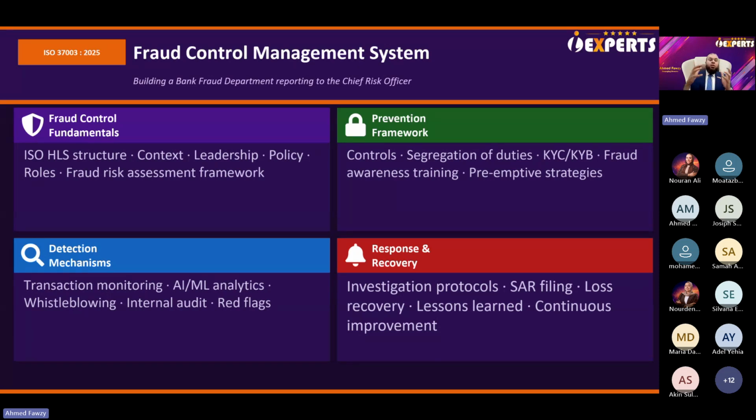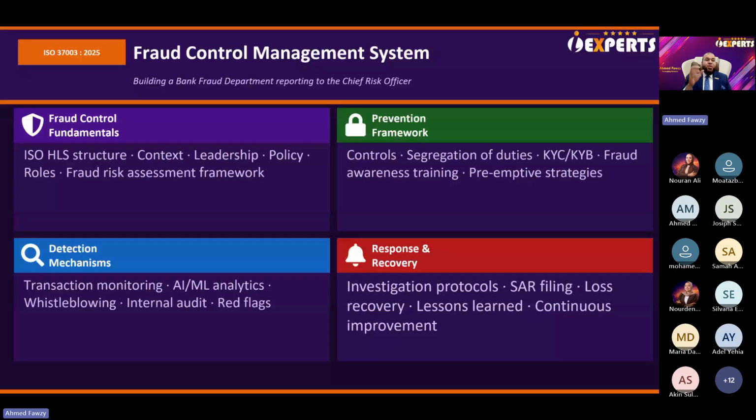Then there is an information security and risk assessment framework dedicated to fraud, for fraud risk assessment and fraud detection. All of this helps me have great controls and a great context, making sure I have the holistic approach, and I will determine the scope of my management system. It also includes the prevention framework.